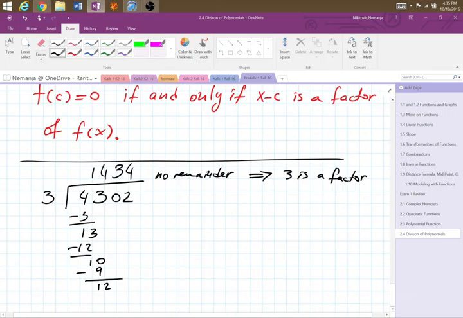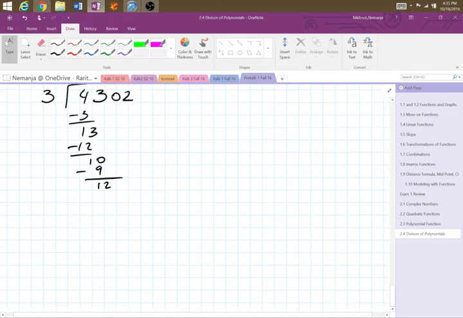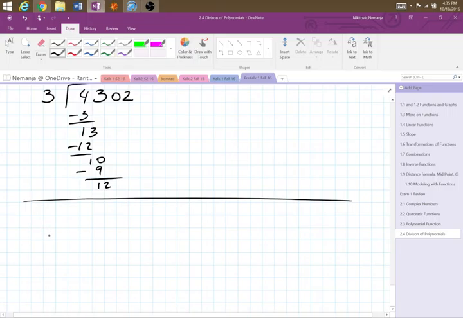Now we extend that into polynomials, and every time it divides evenly, you will have a factor. So let's say you are dividing x minus 3 into x squared plus 9x plus 18.